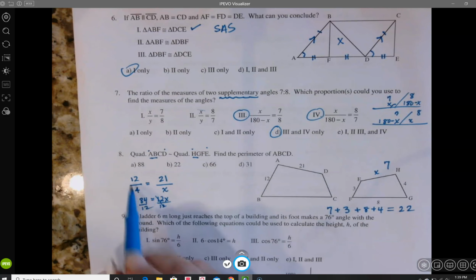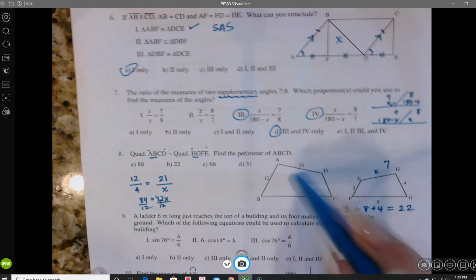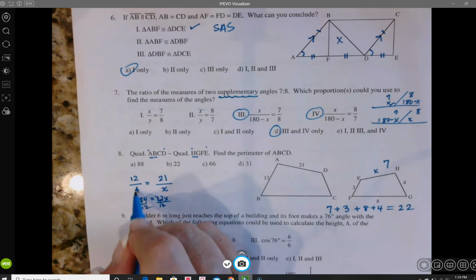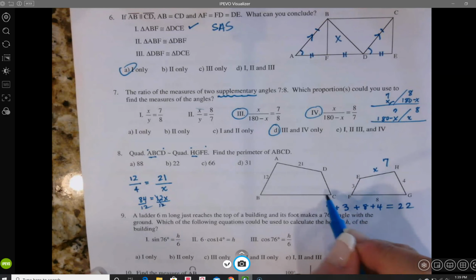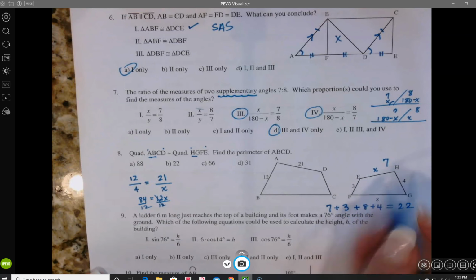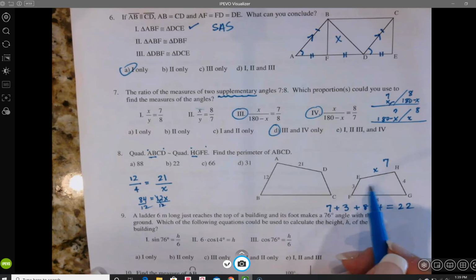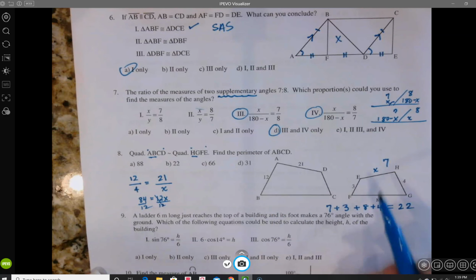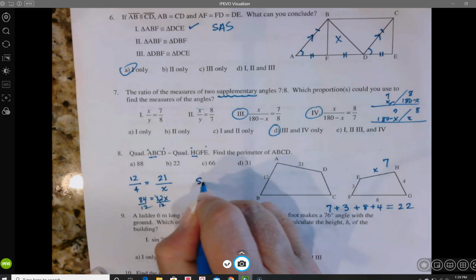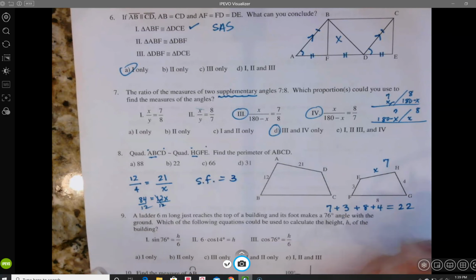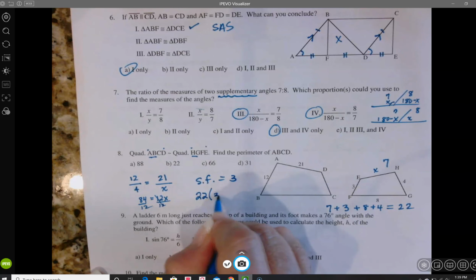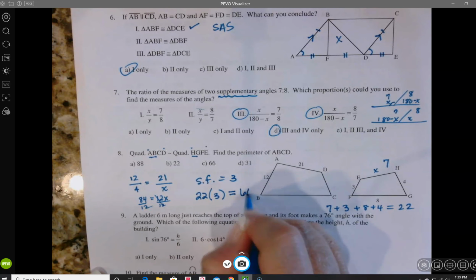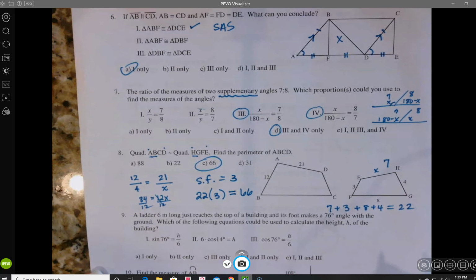So if I look, the ratio between big to little, if I do 12 divided by 4, the scale factor is going to be 3. So if I take the little one and multiply it by 3, I get the big one. So my scale factor is 3. So I'm going to take my perimeter of my little one, and I'm going to multiply it by 3, and I get 66, which is choice C.